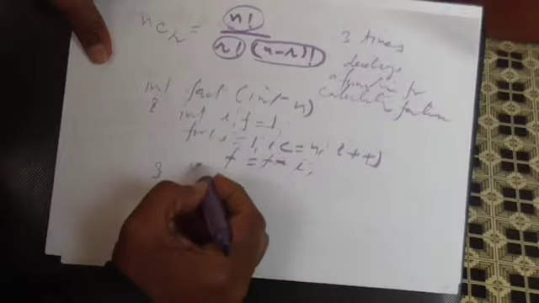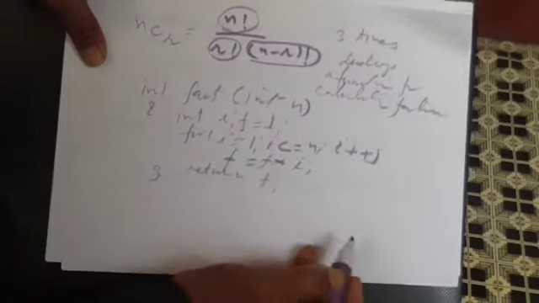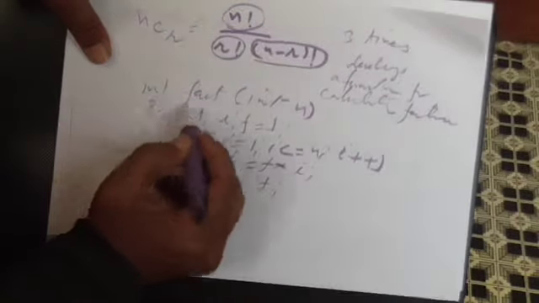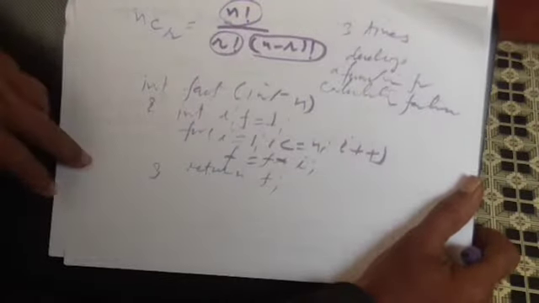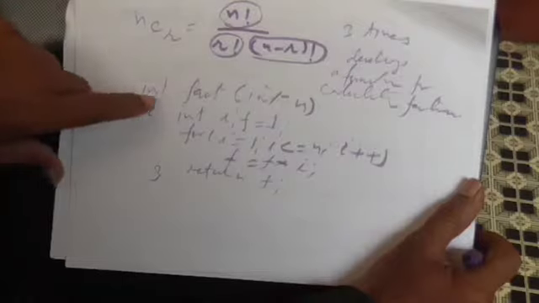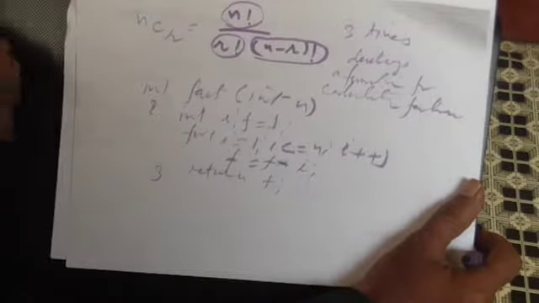And finally I can return this f. See, this is a function for computing the factorial of a given number. So I have written the function fact with the int n. Let us not discuss the details of it.